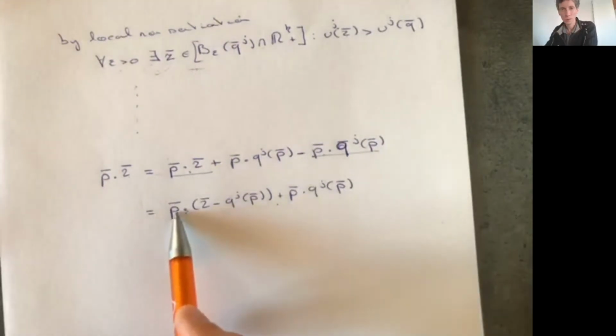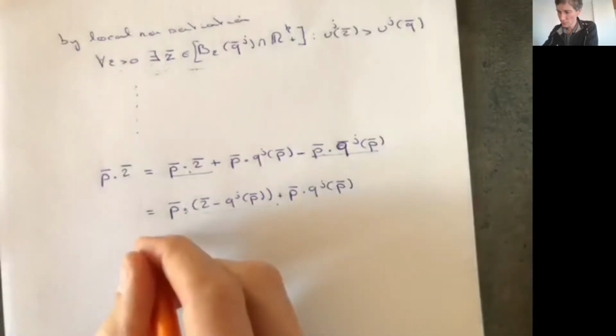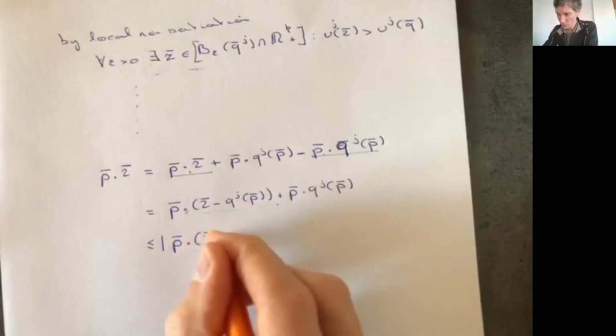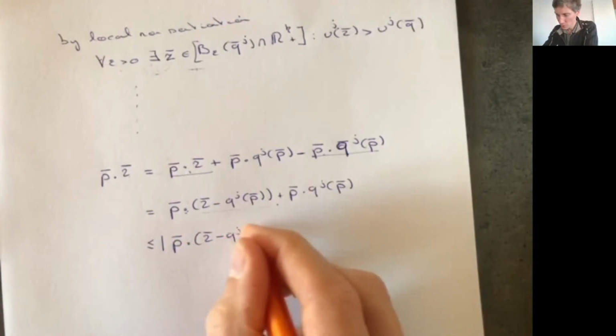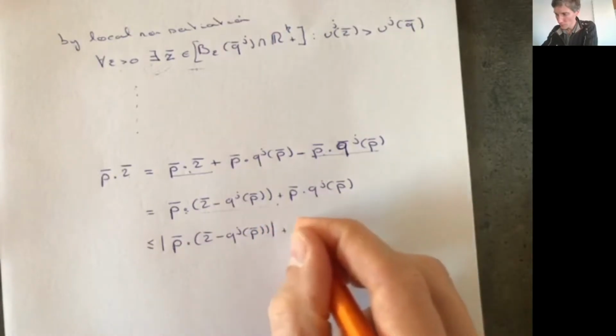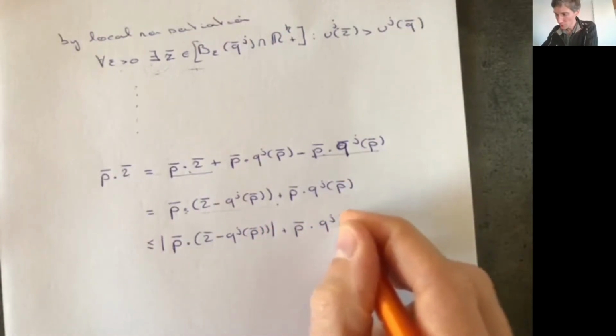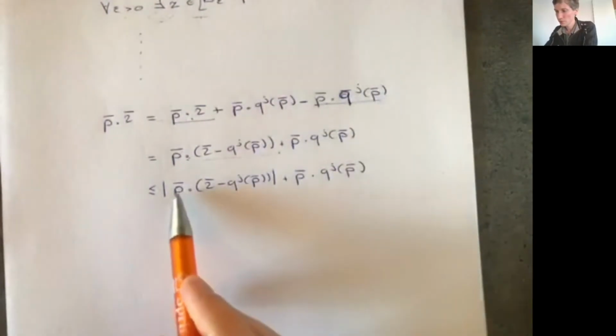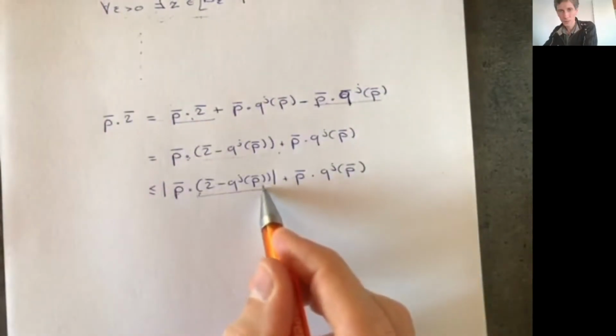Okay, so here we have the dot product P times this. So we know that this is less or equal to the absolute value of P times Z minus Qj, plus P times Qj. Okay, so this is a vector here.